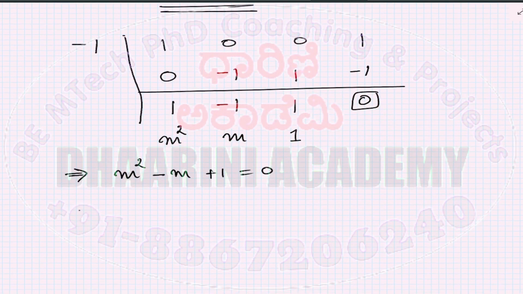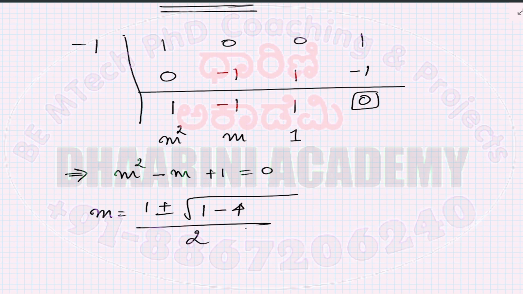So we can find it easily by using the formula. This is minus b, that is 1, plus or minus a root of b square is once again 1, minus 4ac, 4 into 1 into 1 is minus 4, whole divided by 2. Okay, so this is 1 by 2, that is 1 by 2 first term, plus or minus imaginary term. 1 minus 4 is minus 3, minus is written as a j, so there is a root 3 by 2.